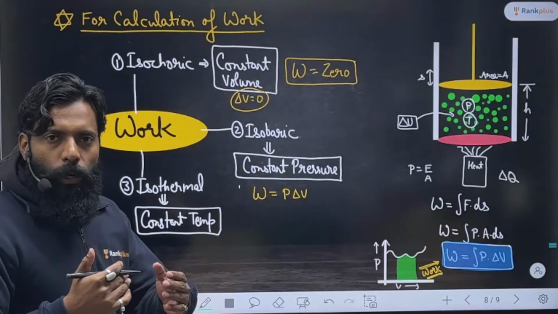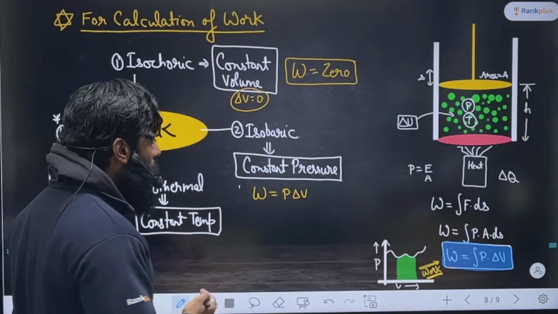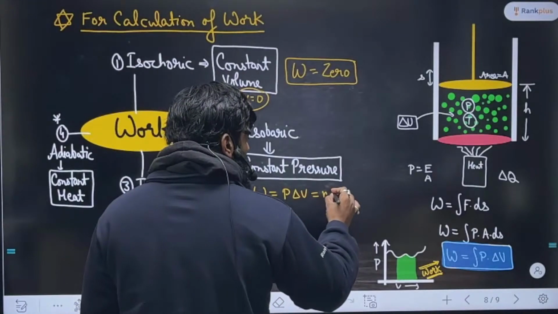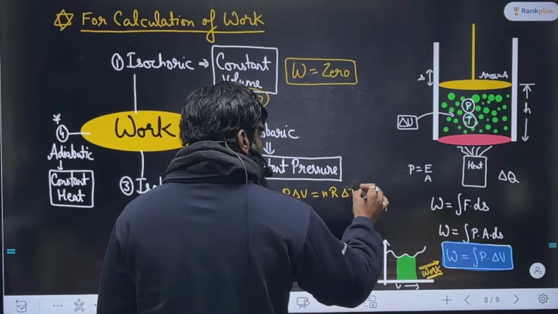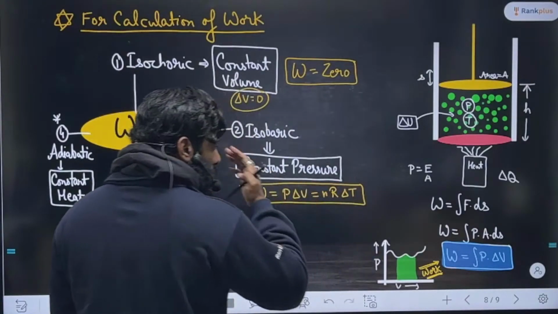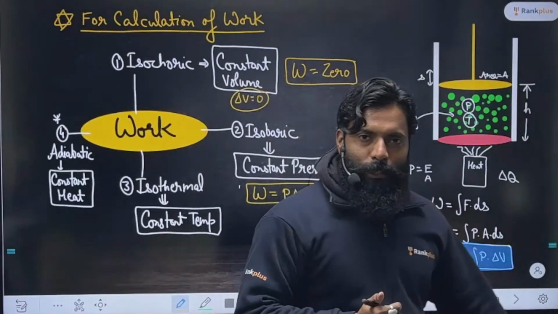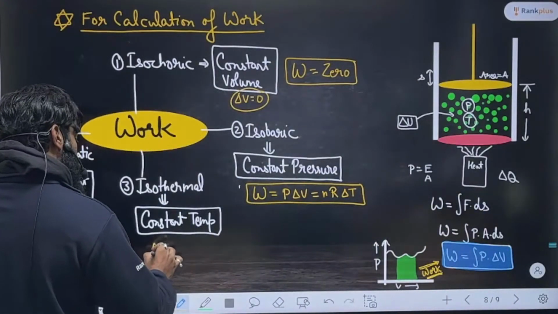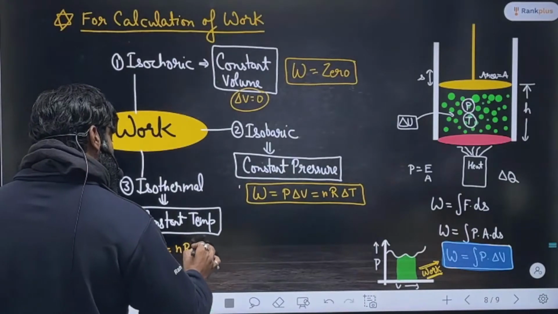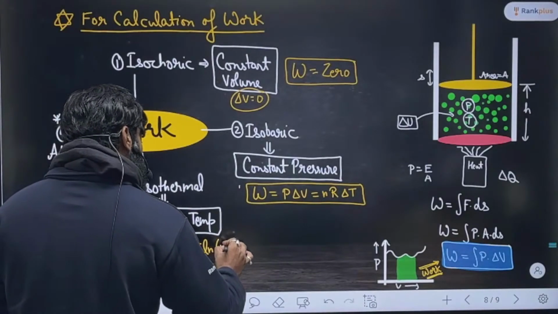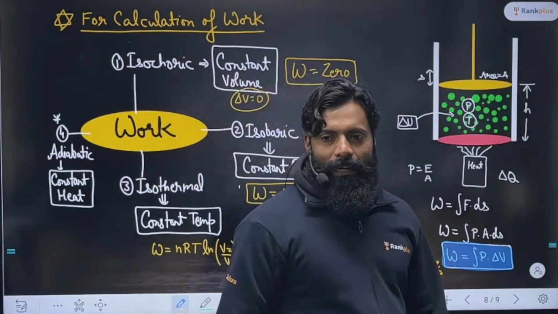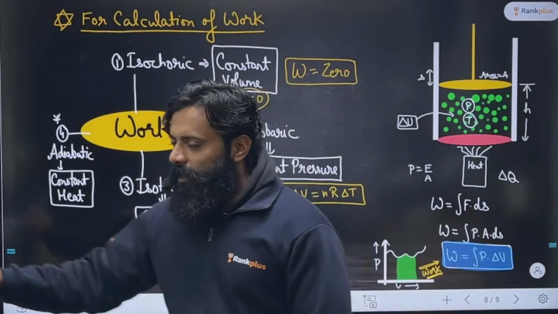You only need to find the change in volume. Similarly, using the ideal gas equation, this can also be written as nR delta T. In the isothermal process, work done can be found using nRT ln V2 divided by V1. So this is the formula which we can get, right?